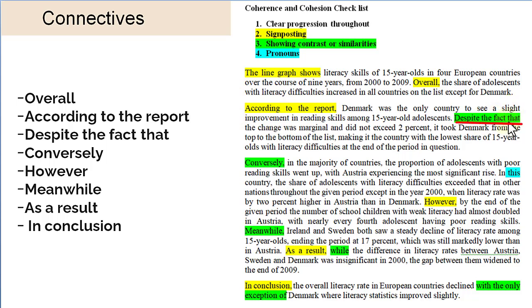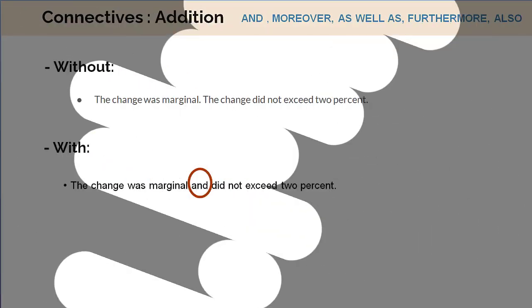Then we have despite the fact that, to show contrast, conversely, to serve the same purpose, and however, meanwhile, as a result, and in conclusion.